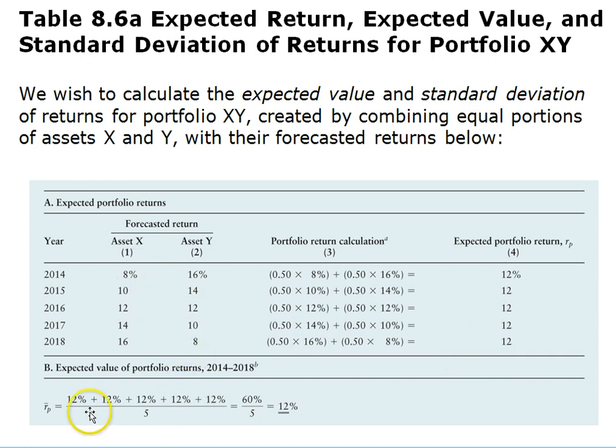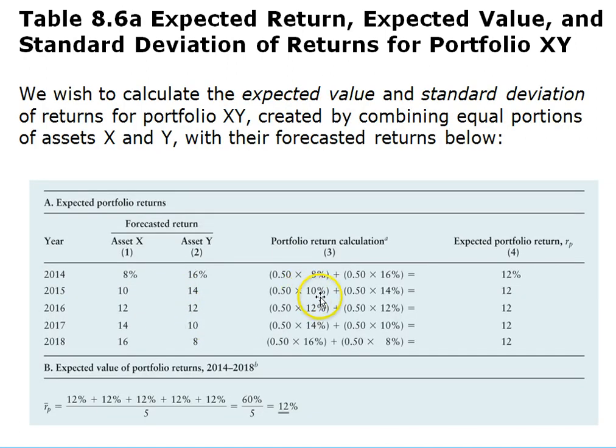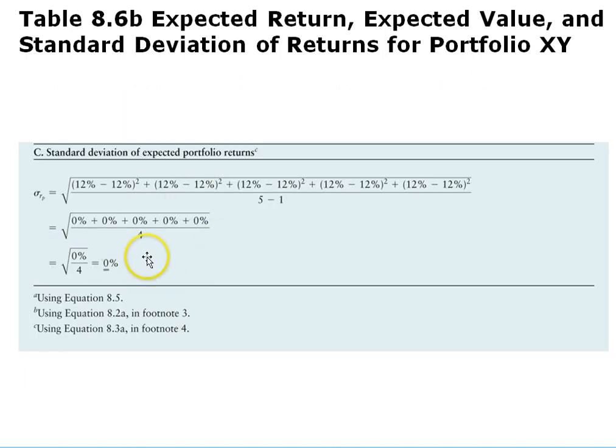If we take all of the average returns and divide by 5, we get an expected return of 12%. With that 12%, we get a standard deviation of 0, meaning that if the portfolio return and the expected return are the same, there would be no deviation.